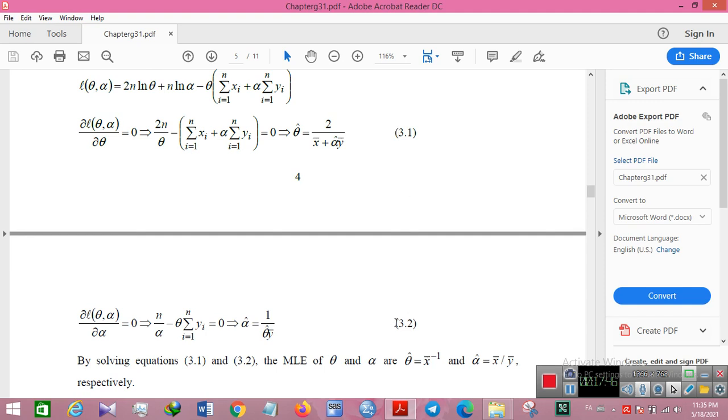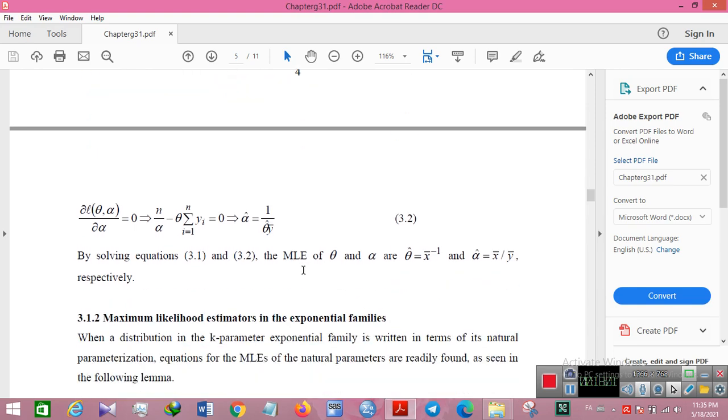We have two equations, and we get the unique solution by solving equations 3.1 and 3.2. We obtain the maximum likelihood estimates: theta hat equals x bar and alpha hat is x bar over y bar.